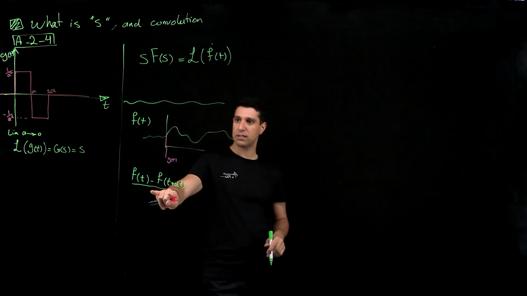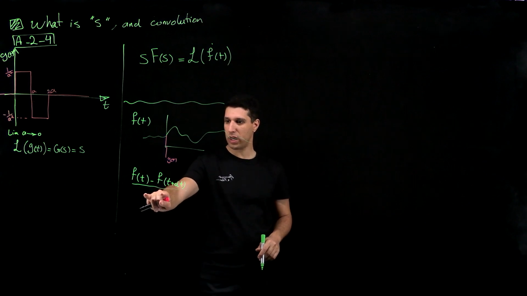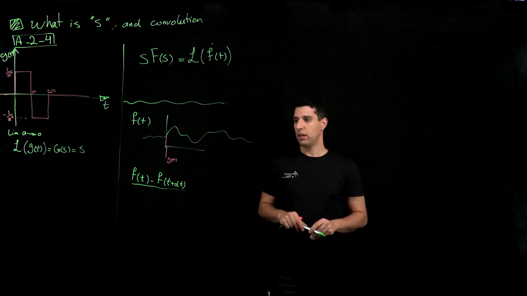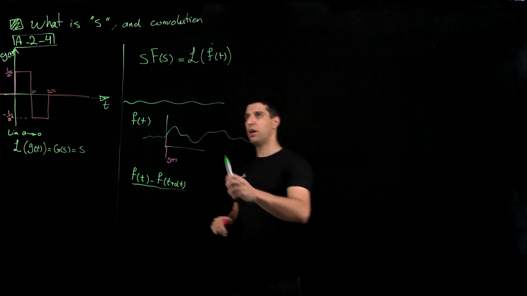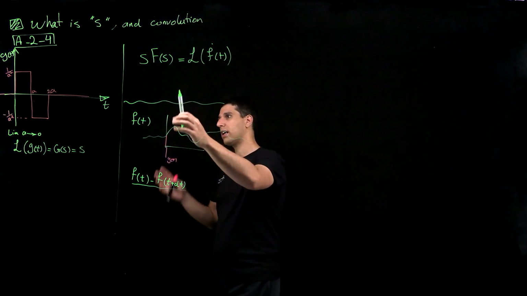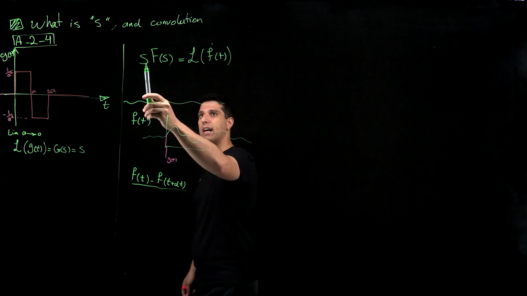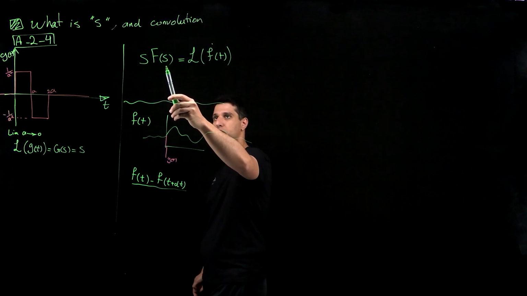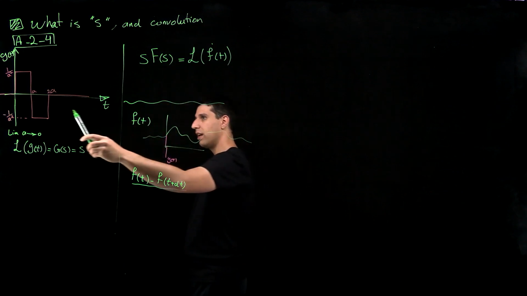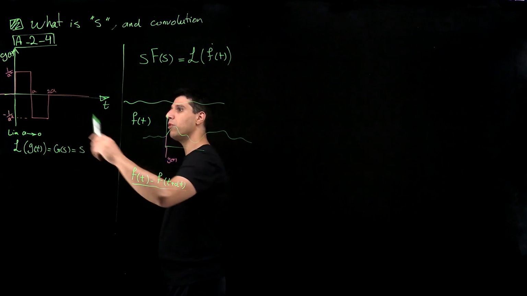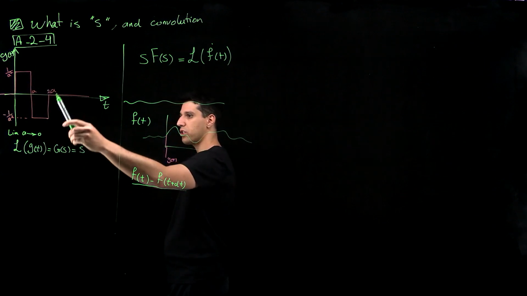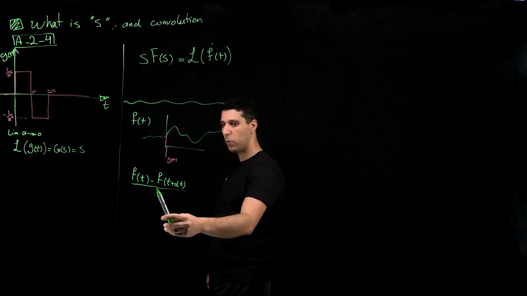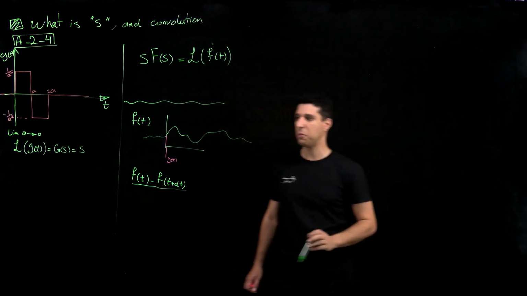And the difference is what we need to take the derivative of f of t at that time. So already you see the connections. If you have s multiplying some Laplace transform of a function, we are taking the derivative. Similarly, in the time domain, if we have such a function and multiply it by f of t, what we end up with is something that resembles a derivative.